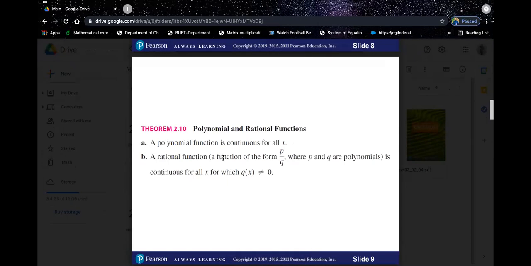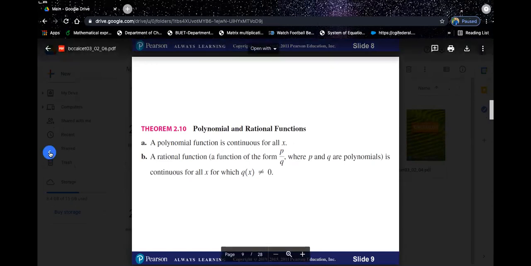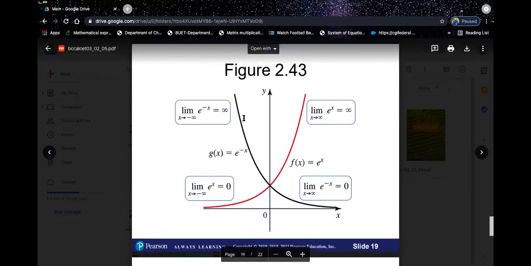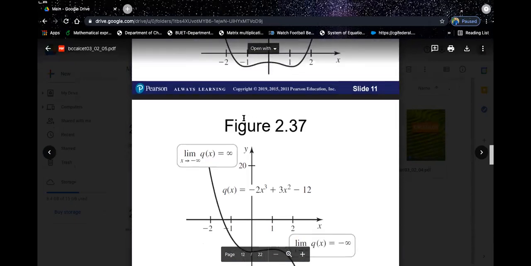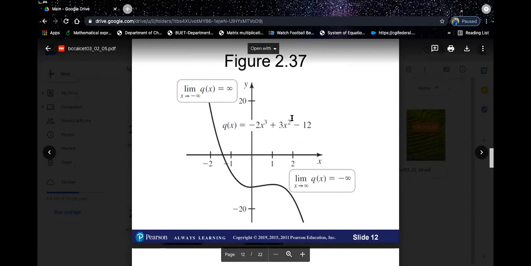Theorem 2.10 says a polynomial function is continuous for all x. Now, why is that? Let me show a really good example of it. Here you go. This is a polynomial, right?